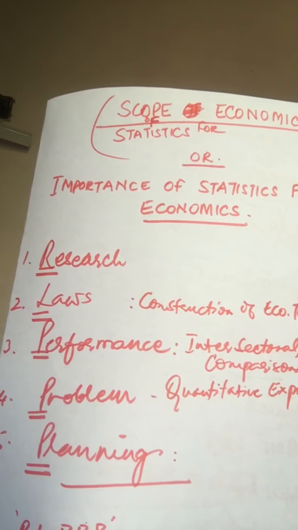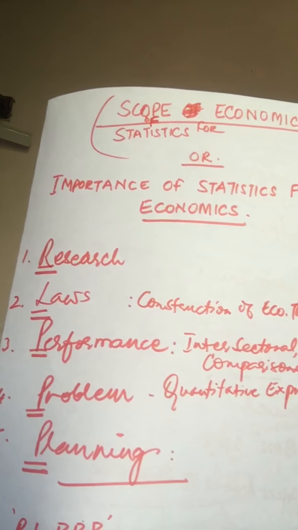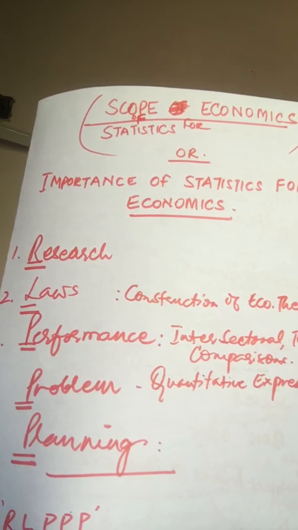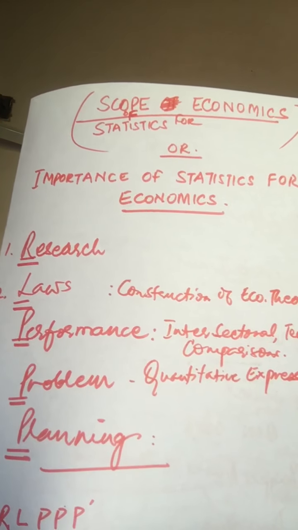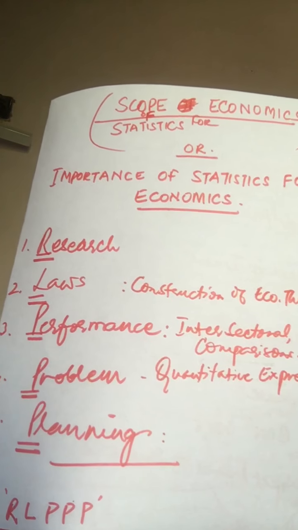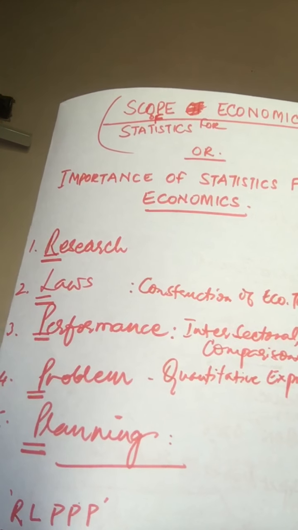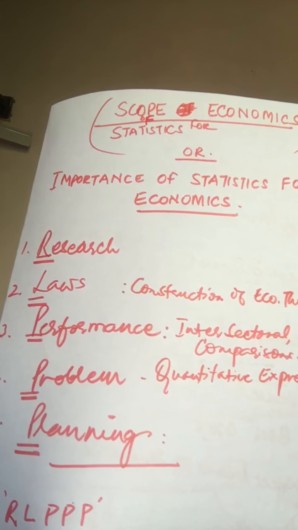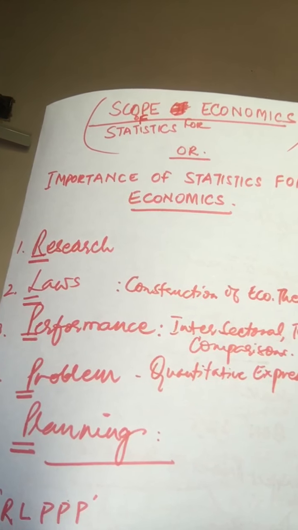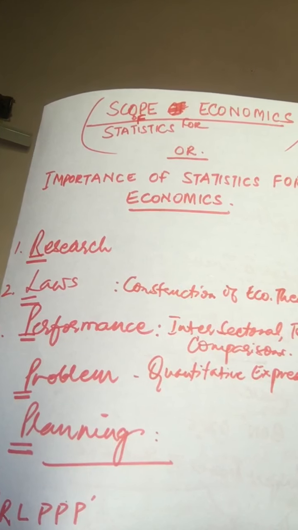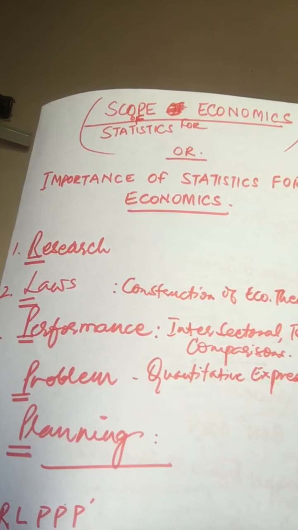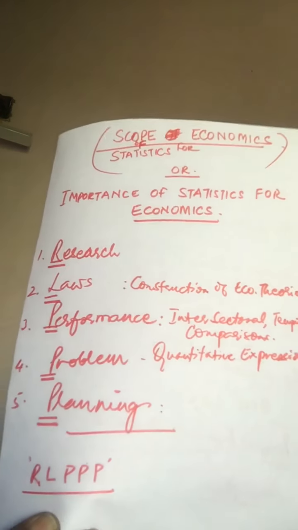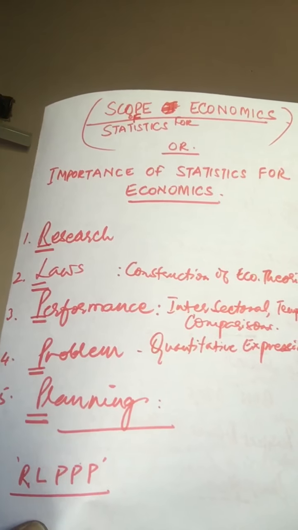Statistics is an indispensable tool for economic analysis, number one. It is very helpful in research. Statistics provides basic raw material to research scholars. The effects of a particular variable on a particular problem under different conditions can be shown by the research scholar only by making use of statistical data and statistical methods.